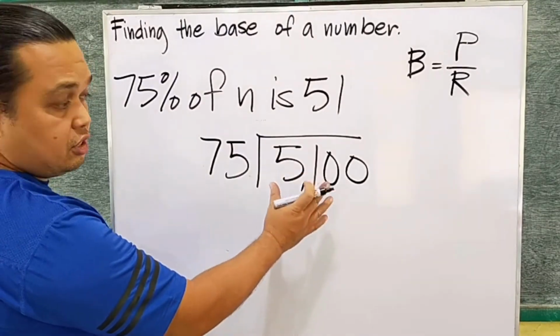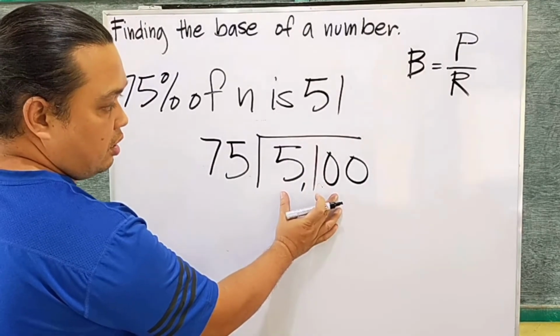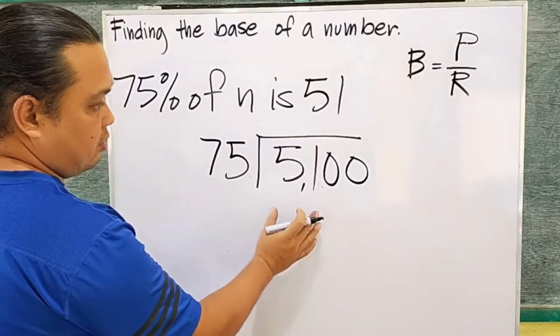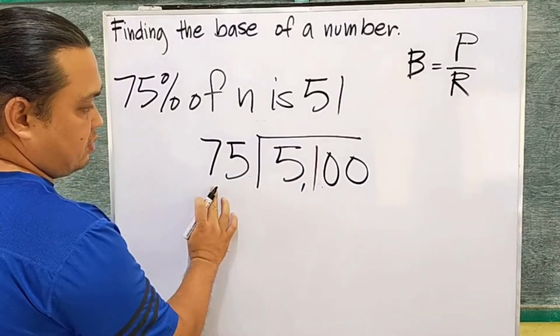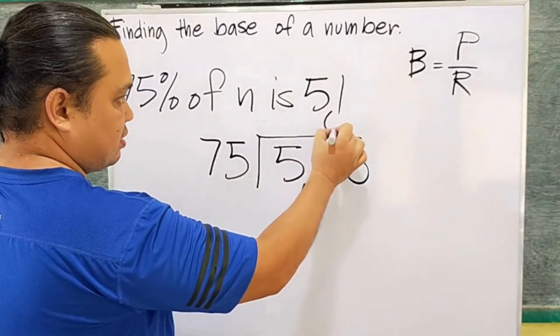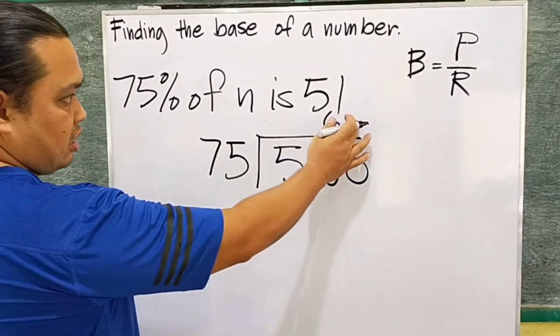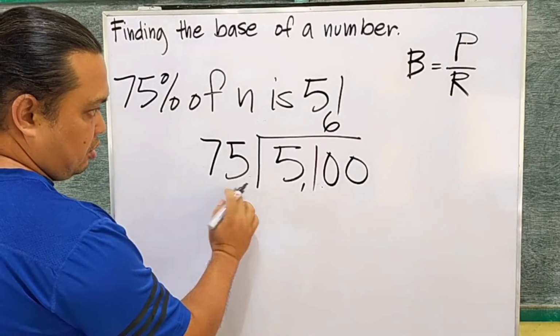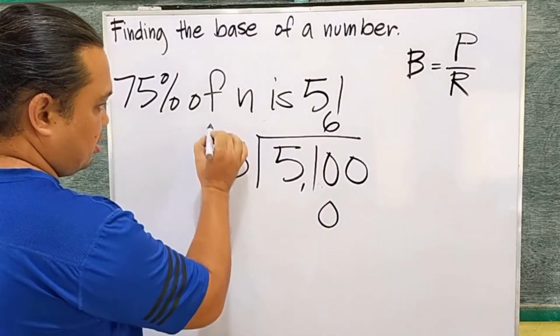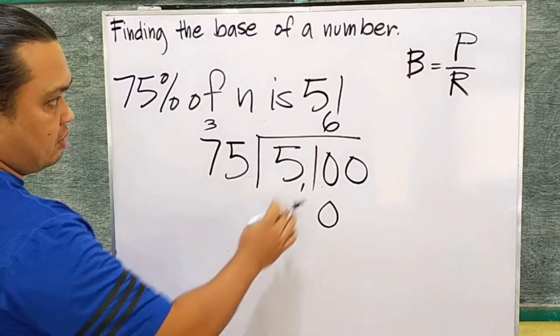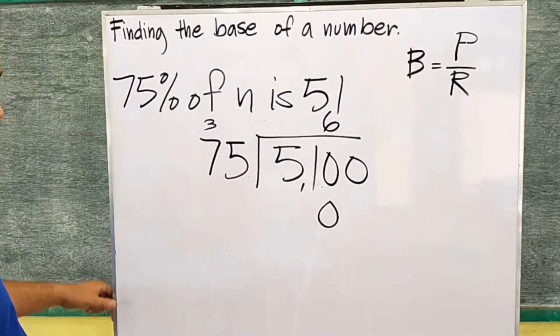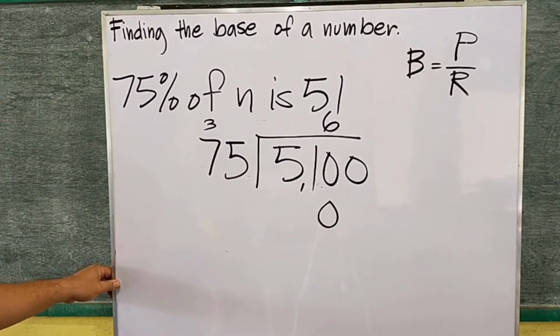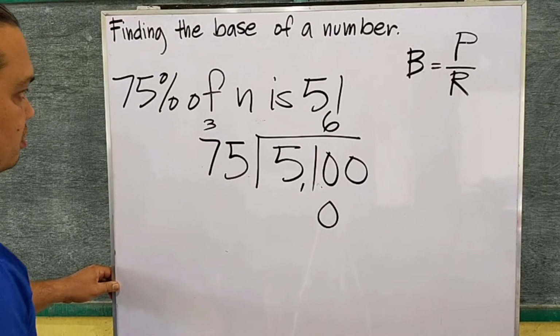Let's add another digit, which is 0. It becomes 510. Now, 510 divided by 75, let's try 6. Now, 6 times 5, that's 30. 0, carry 3. Now, 6 times 7, that's 42, plus 3, that's 45.